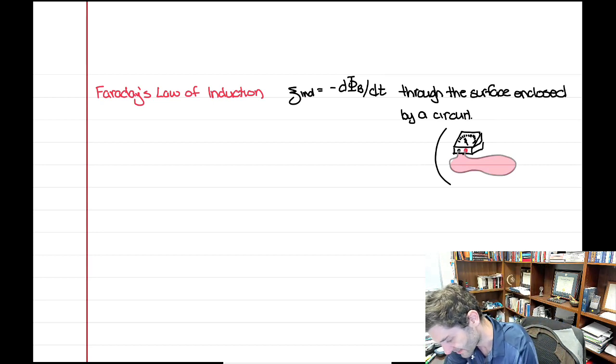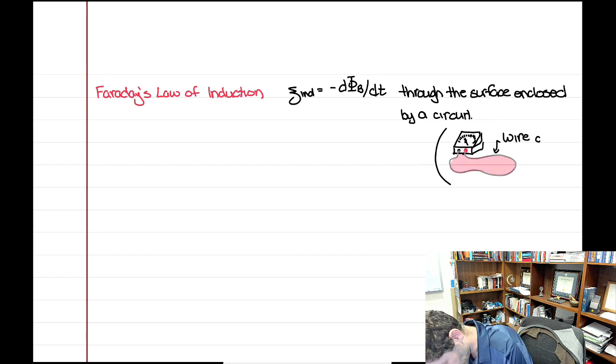We would notice that then a current is registered on the ammeter. So this is the example of a wire completing a circuit. And then this is the surface enclosed.